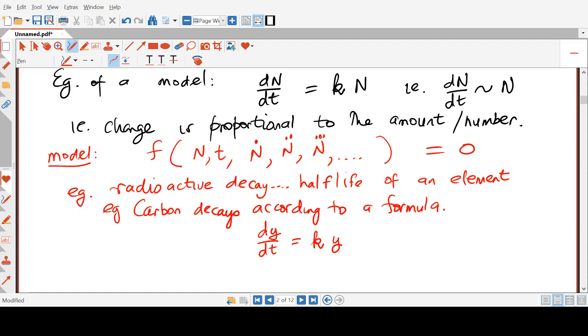You find some bones, you want to know how old they are. You find a skeleton, you want to know how old the skeleton is. You do carbon dating. You see how much carbon is still remaining because it decayed. When the person dies, carbon starts to decay. So you find the skeleton several thousand years later and you want to know how old it is. Check how much carbon is left in the skeleton.